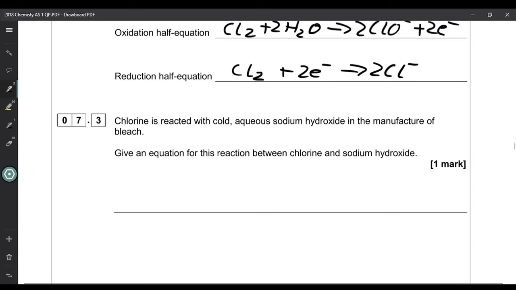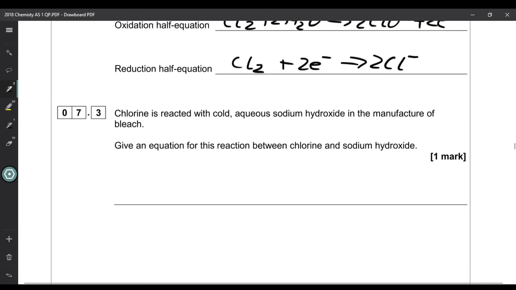So it says give an equation for the reaction of sodium hydroxide in the manufacture of bleach. Now this equation is given in the specification, so it's just a straight recall. Any equations or definitions that are in the specification you should learn, because they're easy marks.